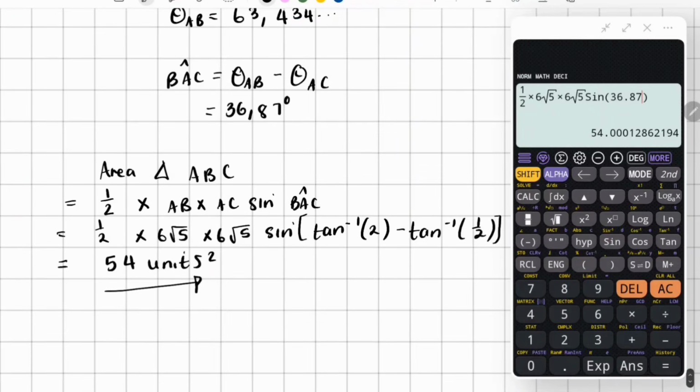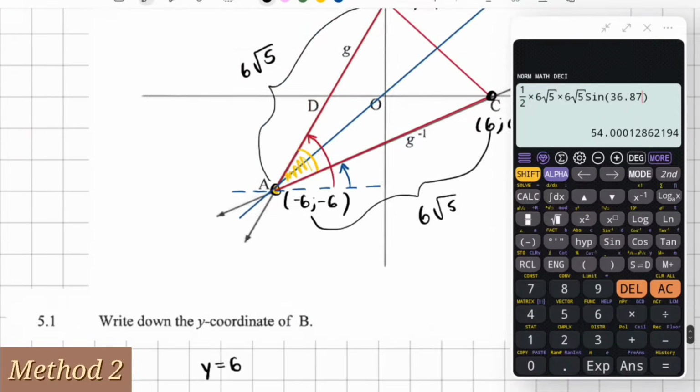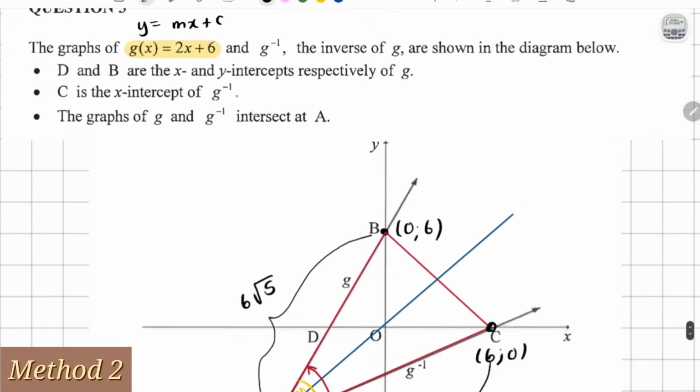Okay, and let me just show a second way of doing this. I'm just going to show this method because this is a video. It's not a one-on-one session where we're working against time or anything. So we can go ahead and look at this diagram again.